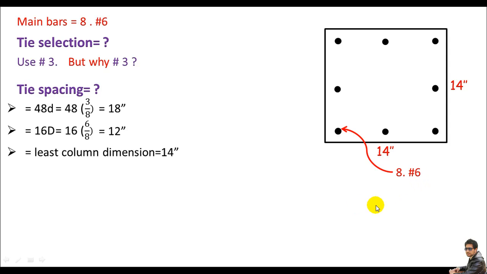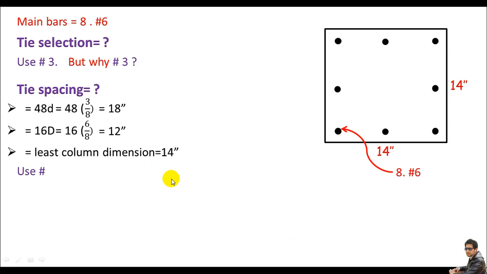And the least dimension of this column is of course 14 inches. So I can get the least of these 3 guys. And these 3 guys will be the maximum tie spacing, right? So I will just take only 12 because this is the minimum of these 3 guys. Do you remember this from requirements?